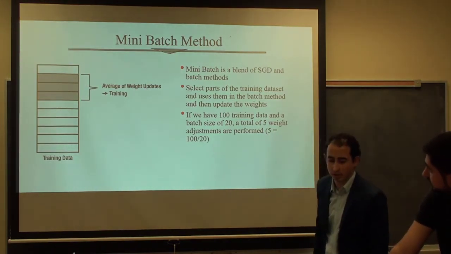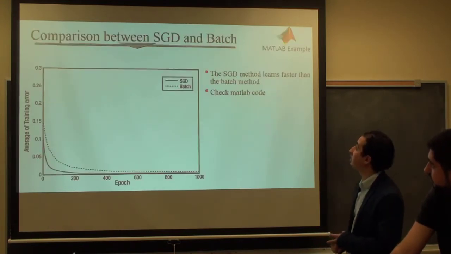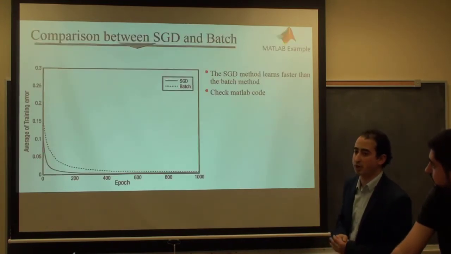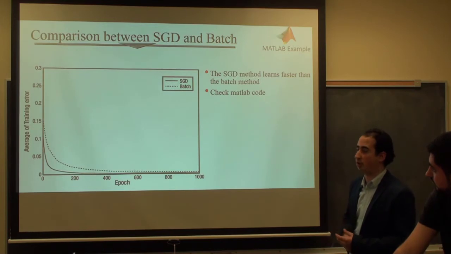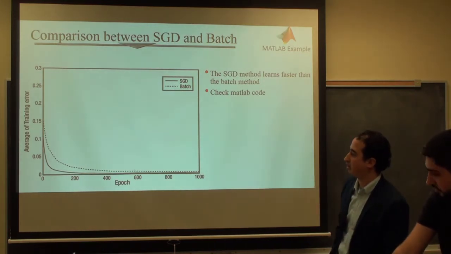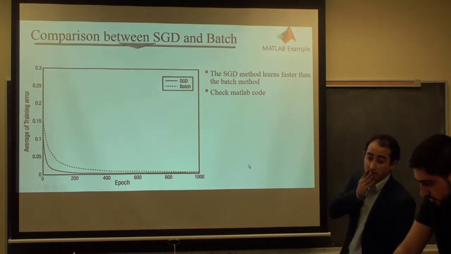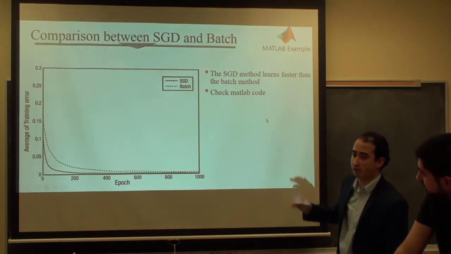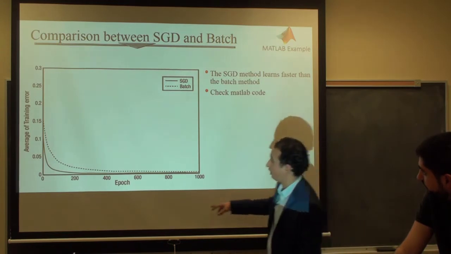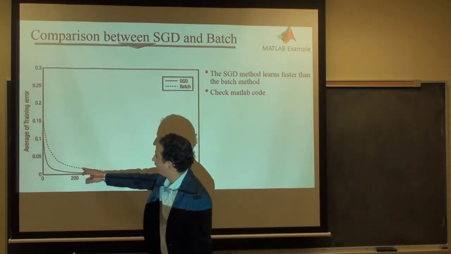Next we're gonna test the SGD versus the batch: which one is faster, and which one is the best to choose. I can explain the graph before we do it. Over here, that's the SGD and that's the batch.